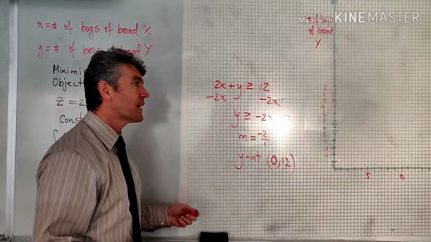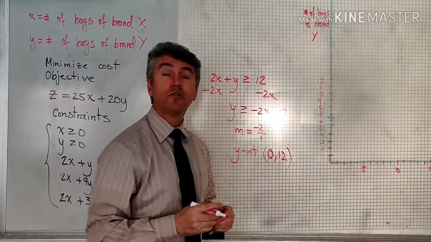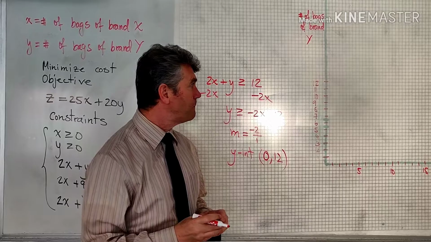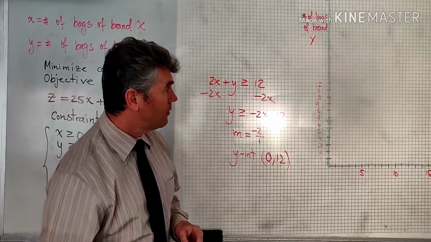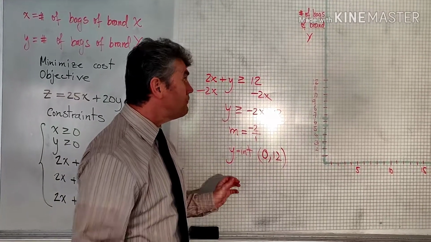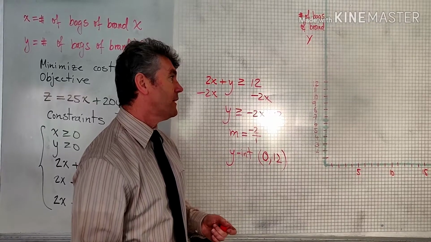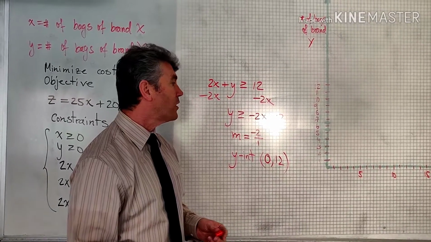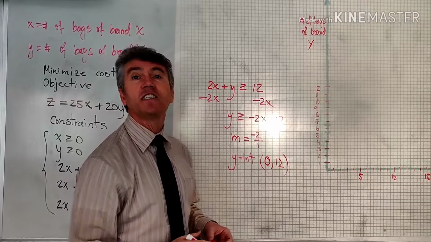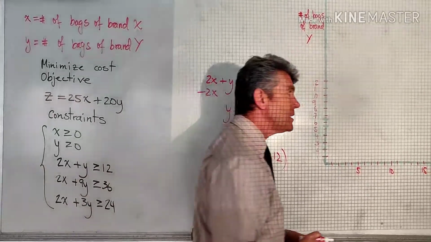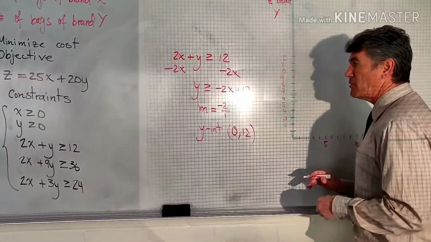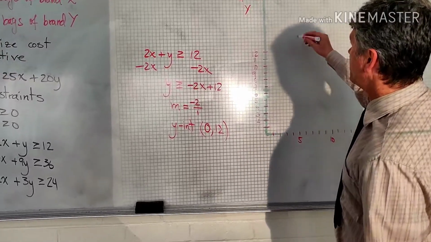Precision counts. Make sure that as you're doing this problem, you use graph paper. If you plot the points carefully and figure out several points that lie on this line, it's easier to figure out the vertices without having to actually solve for them.